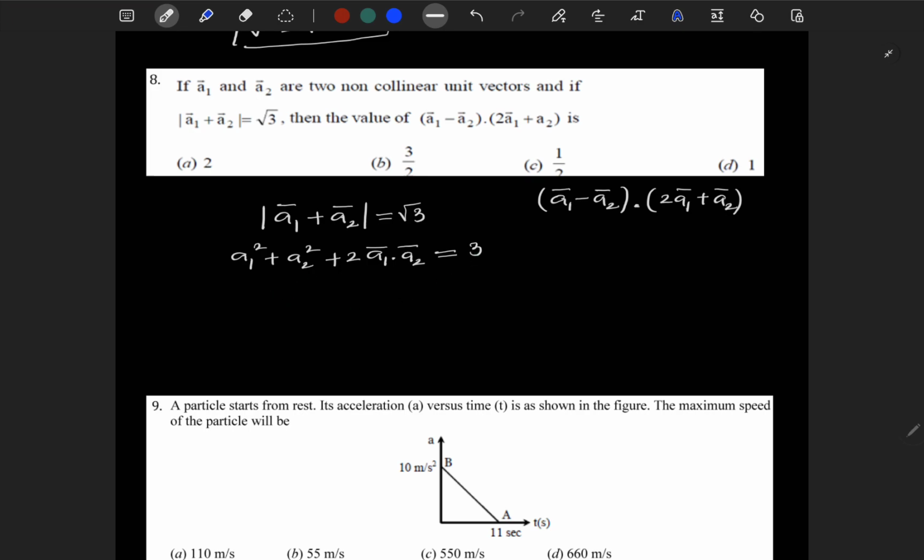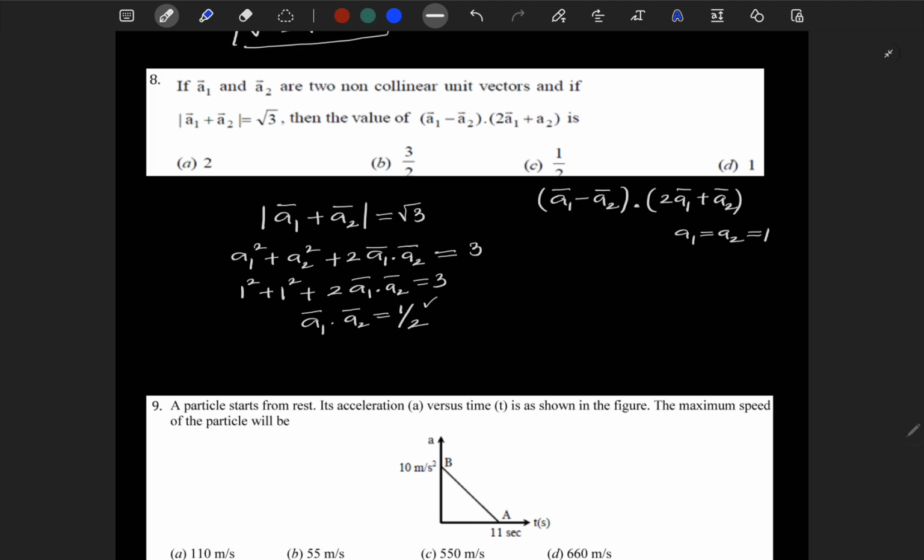Since a1 and a2 are unit vectors, I can also write a1 and a2 are equal to 1. So which is 1 square plus 1 square plus 2 times a1 bar dot a2 bar is equal to 3. That will give you a1 bar dot a2 bar as 3 minus 2 is 1, and 1 by 2. So this is what I acquired here from this first statement.